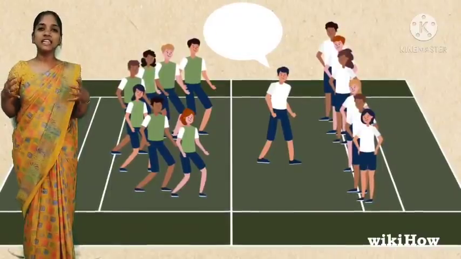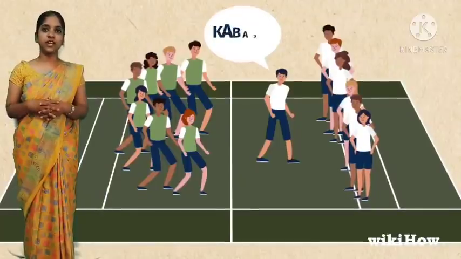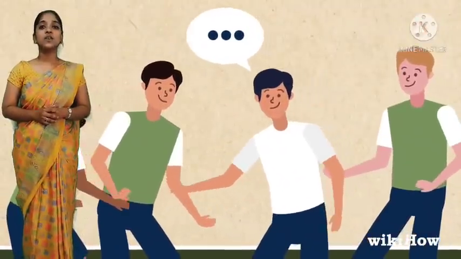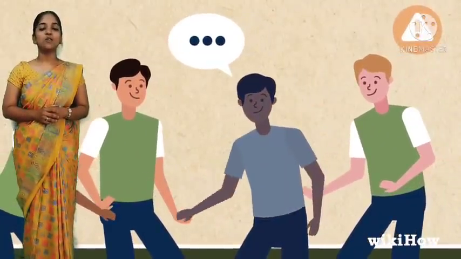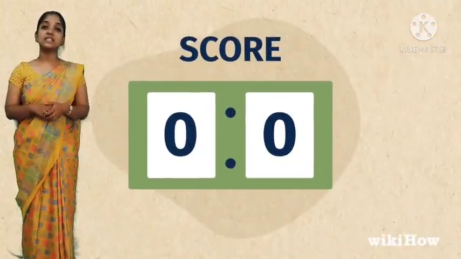All these are part of Kabaddi. It is a rough game, children, yet it has many rules, as I told you. It has lots of fun and lots of exercise. If you play this game, you will have lots of fun and exercise also.